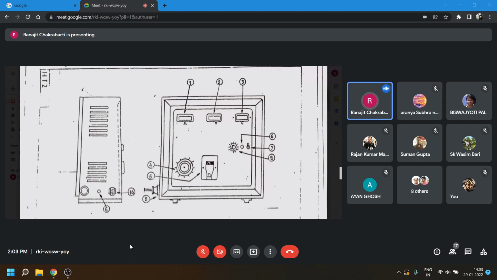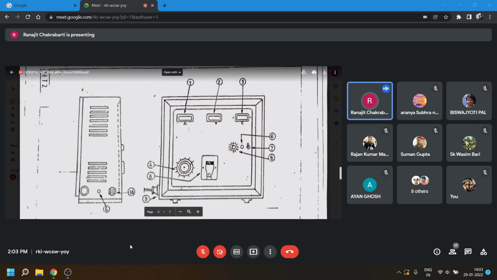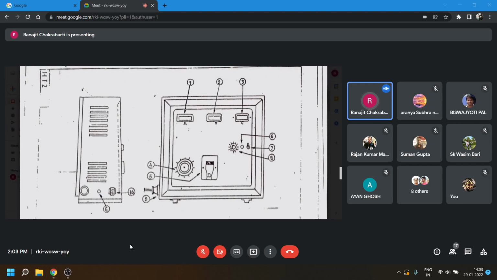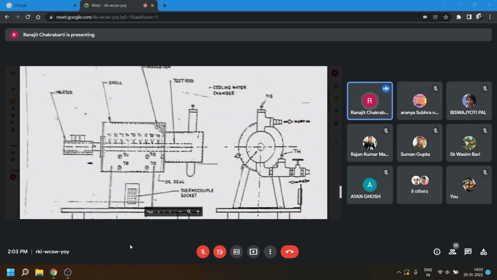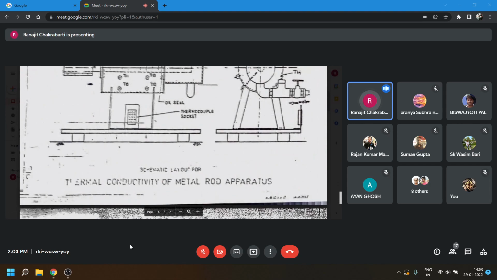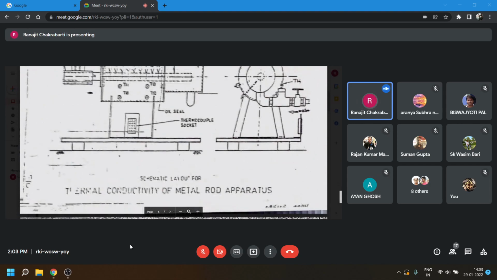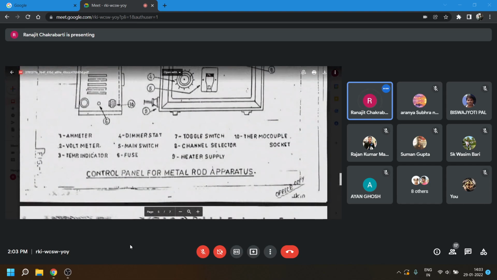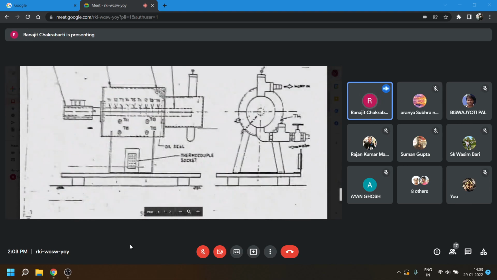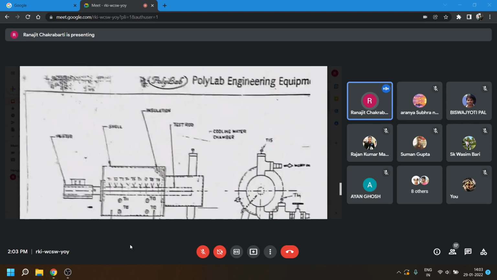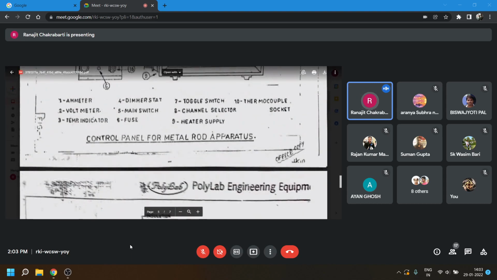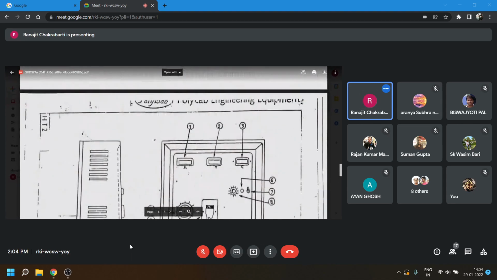And there are the selector switch, toggle switch, with which you can take the readings T1 to T14 here, T15 here. These are the experimental setup. So in your report, you have to give these sheets with the experimental setup, and you have to write the theory, and then a one-page sample calculation and the graph.